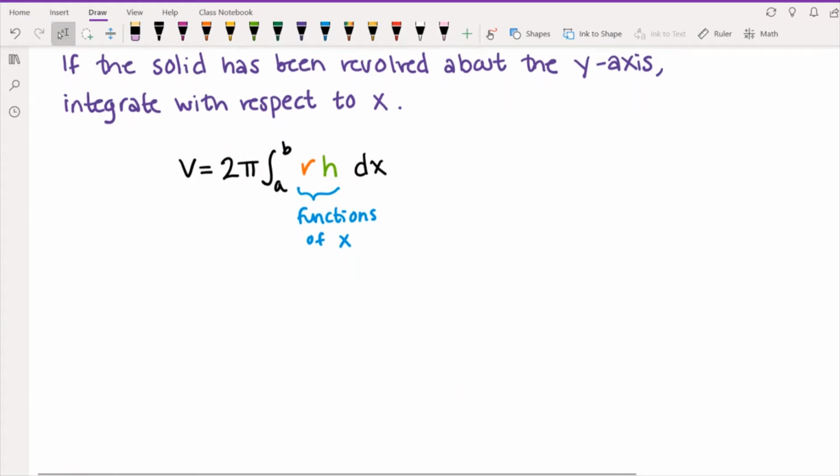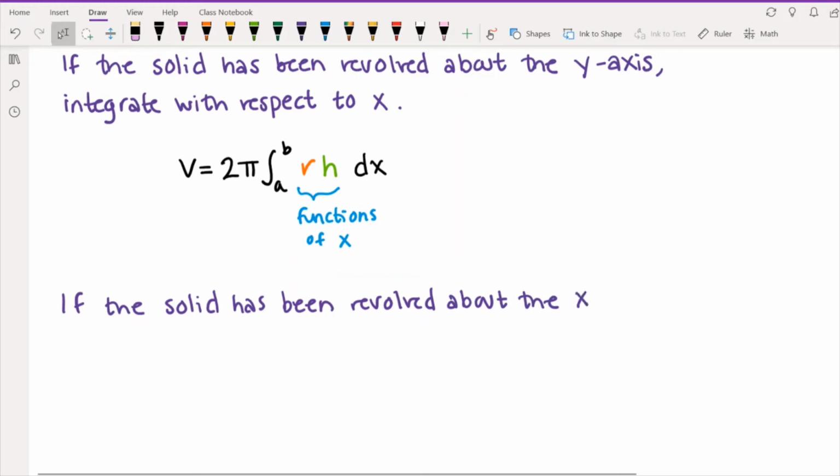Okay, so what about if you're revolving around the x-axis? Well, then it's with respect to y. So if the solid has been revolved about the x-axis, then you integrate with respect to y.